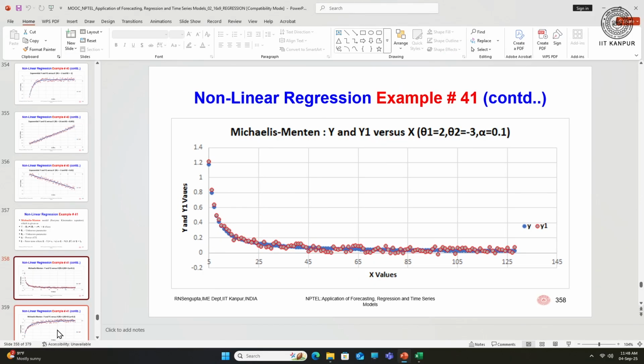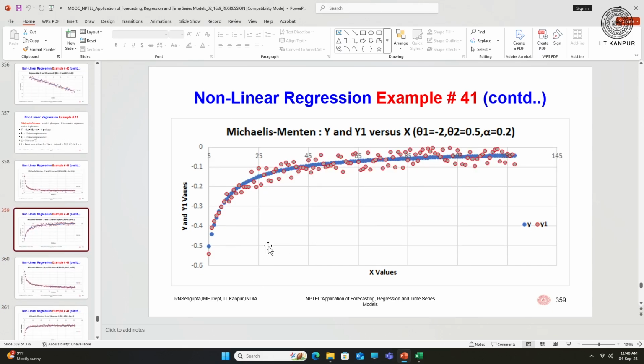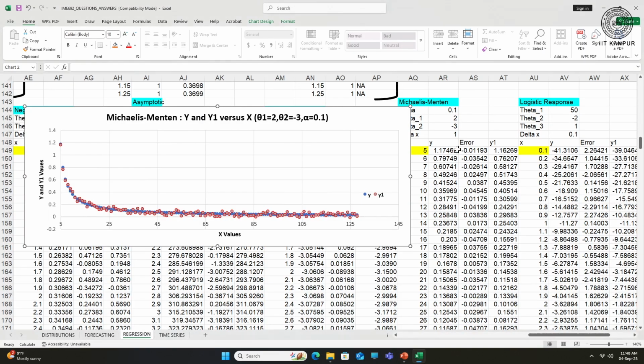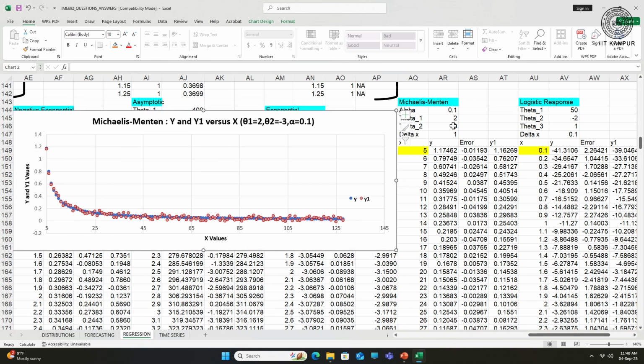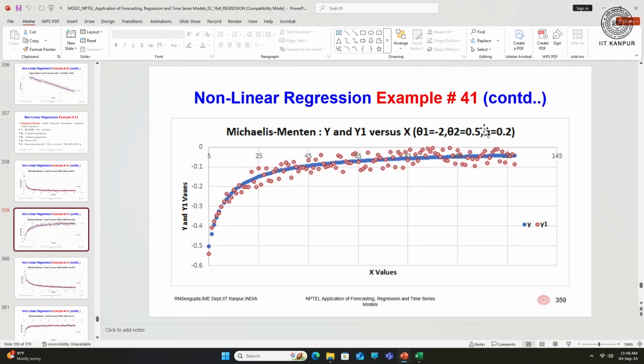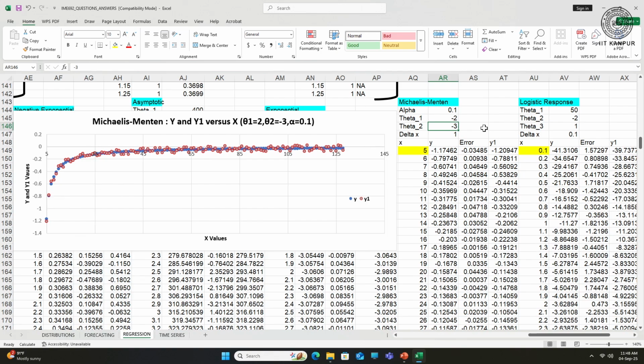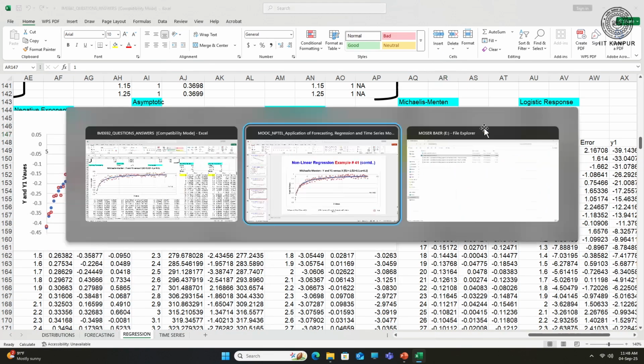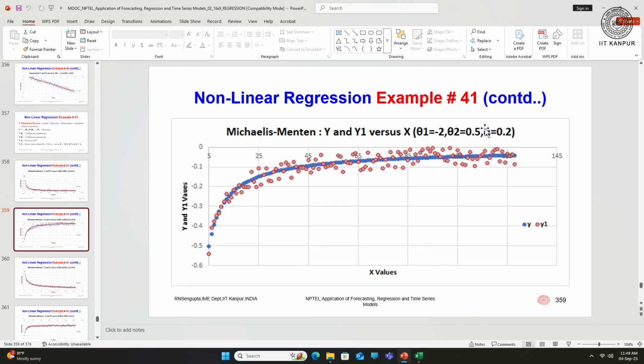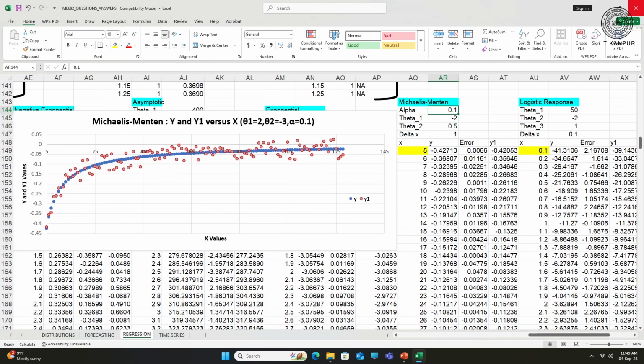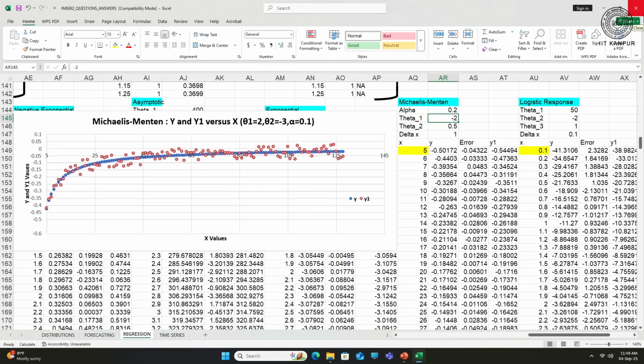Now we go to the second graph, which is y versus x for theta 1 as -2, theta 2 as 0.5, and alpha as 0.2.